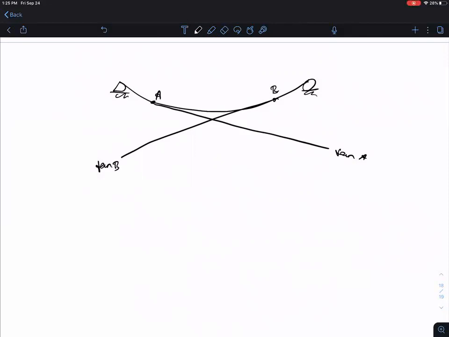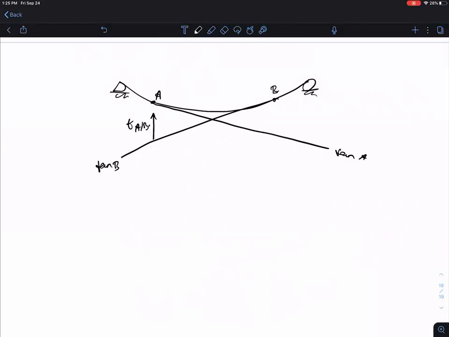We see that the tangent at point A is above the tangent to the curve extended from point B.